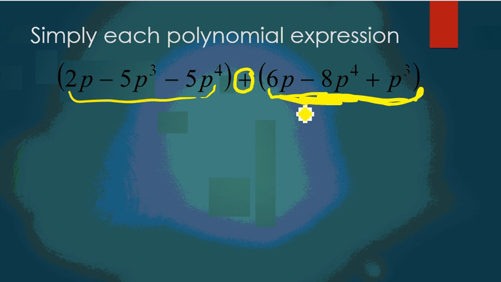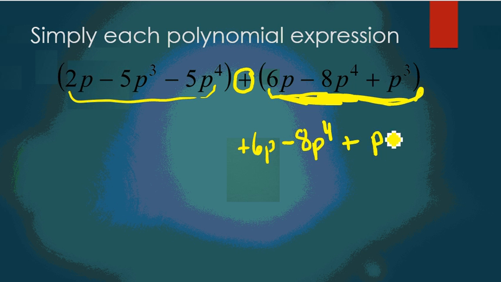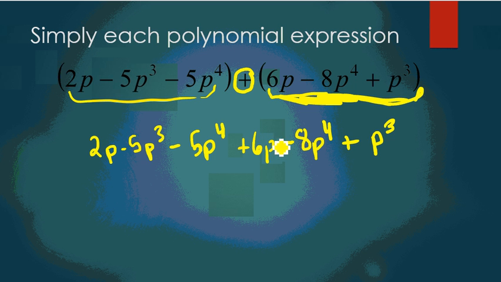So I get to take plus 6p minus 8p to the 4th power plus p cubed. And then we're going to just bring this one down. 2p minus 5p cubed minus 5p to the 4th. And then I'm adding a plus 6p and minus 8p to the 4th and a plus p cubed.